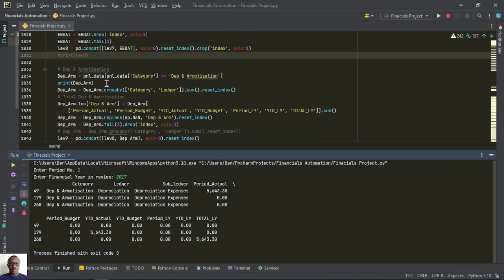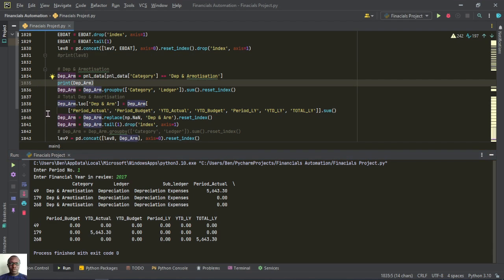So down here again we are grouping by category, ledger. So when we group them, we'll just have one row for dep and amortization, depreciation expenses.